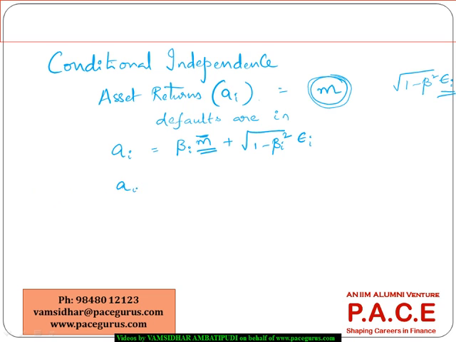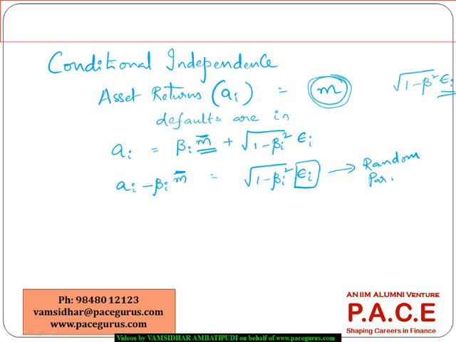If I am doing AI minus beta I M based on that assumption of the market value, this is nothing but square root of 1 minus beta I squared epsilon I, where this epsilon I is more and more company specific and is a random parameter.